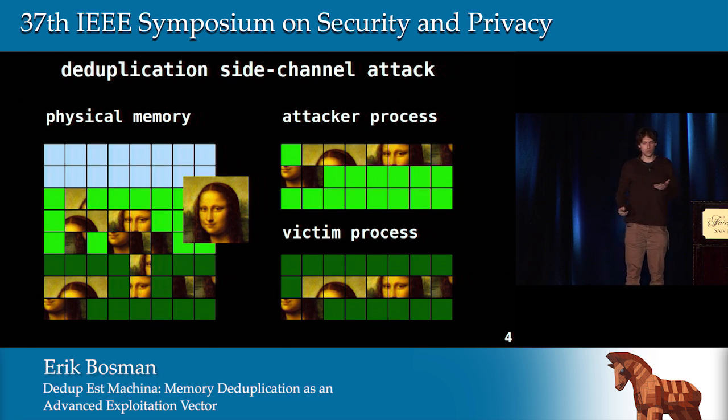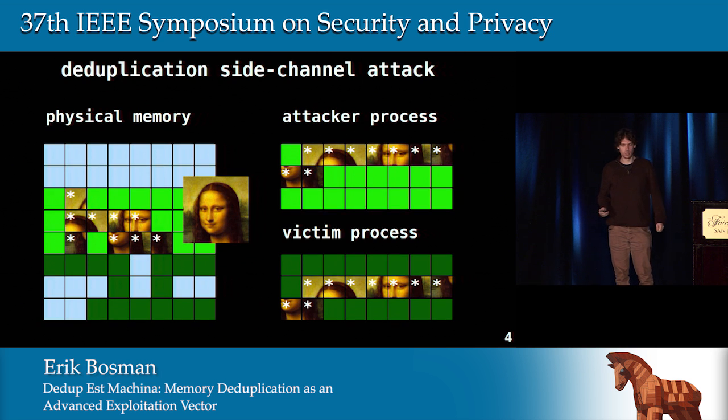They will scan memory and identify pages which are similar, and will point all the memory to the same place, and this saves memory. The kernel or the hypervisor will mark this memory copy on write.